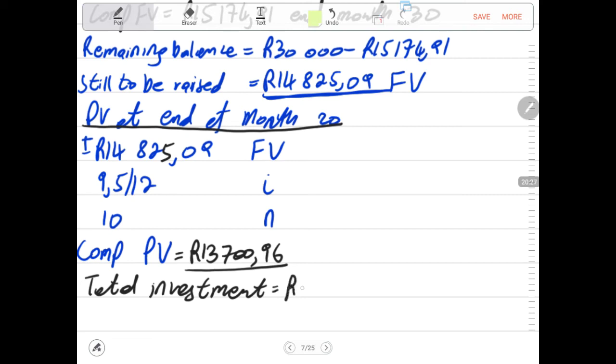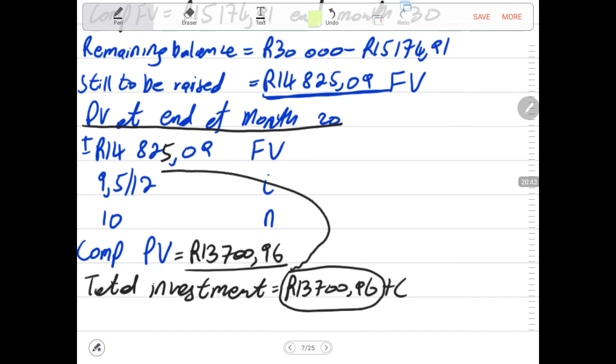Total investment will be 13,700.96 plus, remember the 13,700.96 is what the investor will invest at the end of month 20, so that it can earn interest and become 14,824 at the end of month 30, meaning for a period of 10 months earning interest at 9.5% per annum compounded monthly. So this is what the investor will invest at the end of month 20.